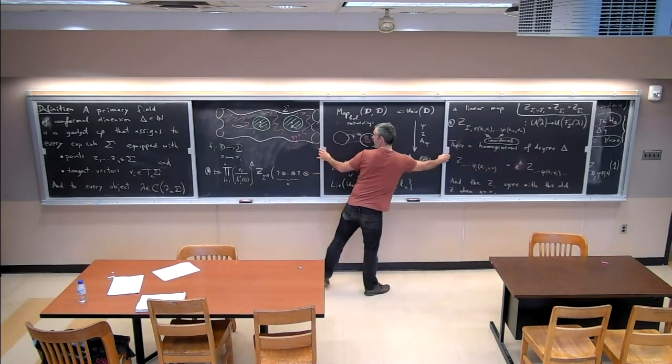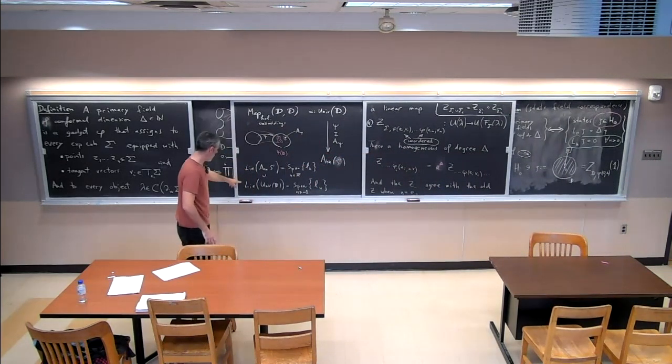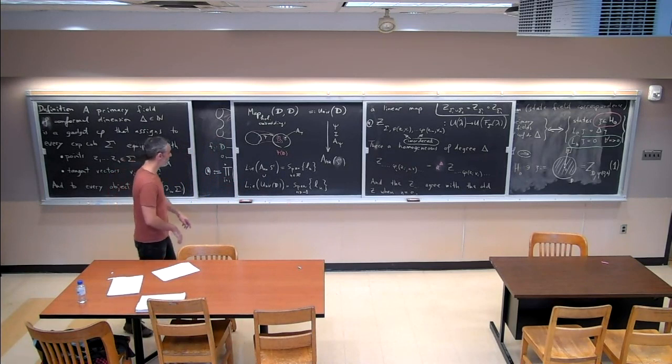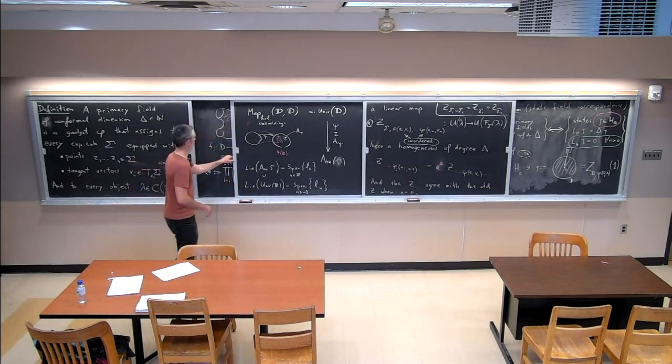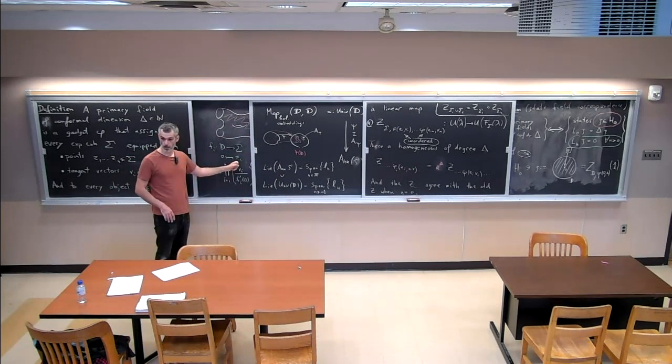Let's see. It's here. We look at maps from a disk into sigma with one particular condition: 0 goes to a specified point.